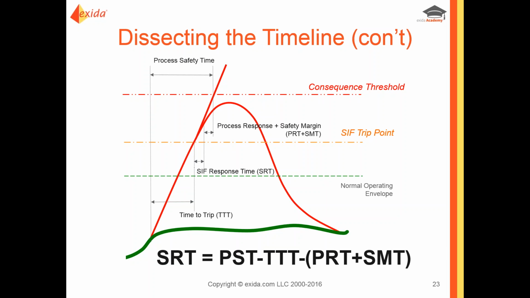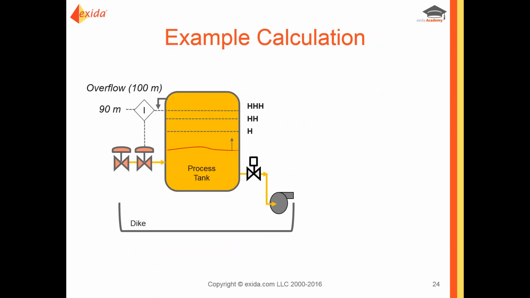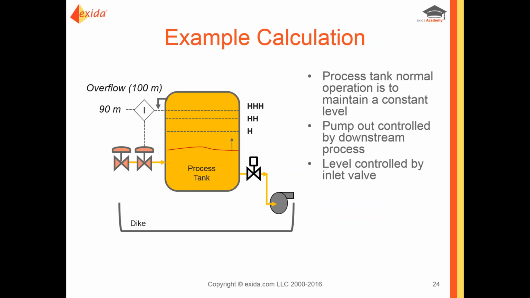Just basic math. But looking at that from an example standpoint, in this particular example calculation, we have a storage tank that we want to maintain at a constant operating level, the little red line there in the middle of the tank. We manage this because the process downstream is controlling the pump in order to take outflow from this tank.